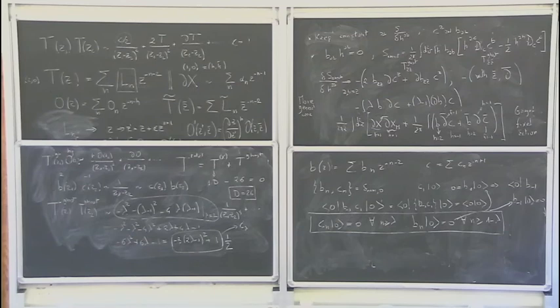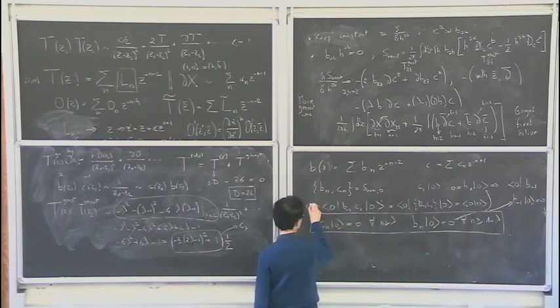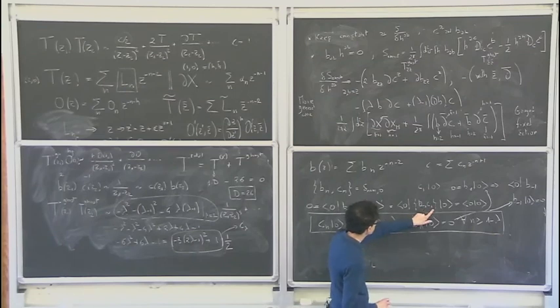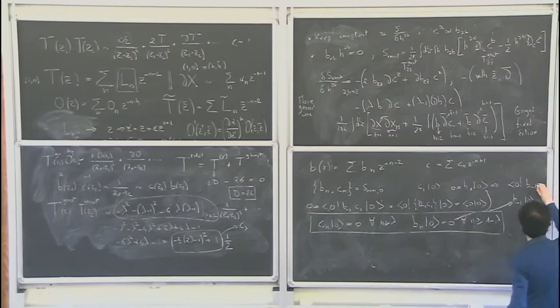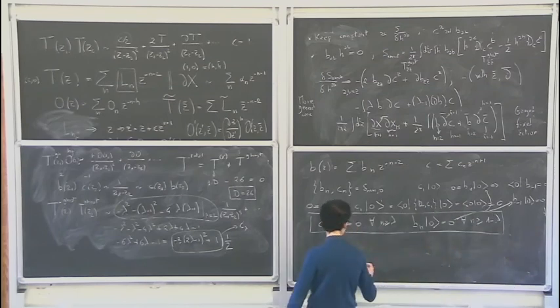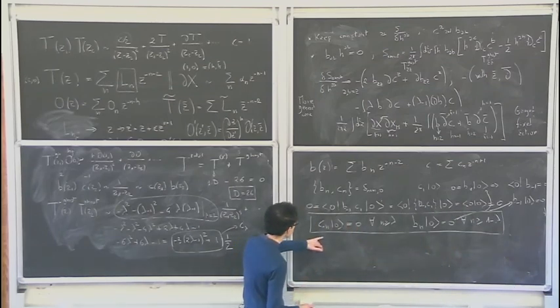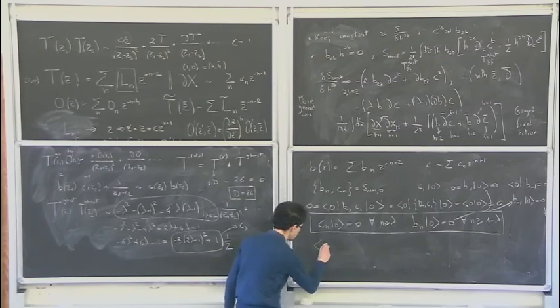So this is 0. This is 0, because B minus 1 on this one is 0. B minus 1 on the right is also 0. So this is indeed 0. So what is the object that is different from 0? The object that is different from 0 is this object.